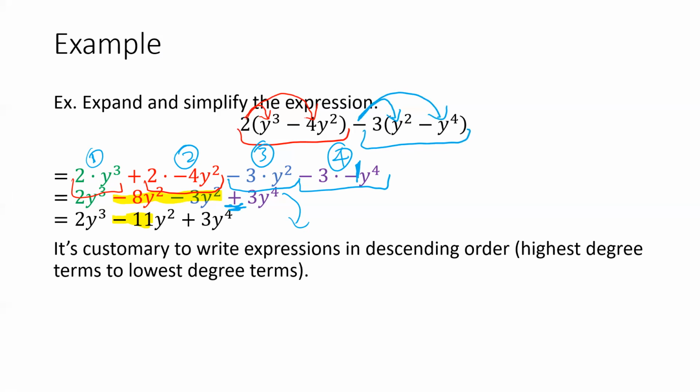We want to write the 3y to the power of 4 first, because that has the highest exponent, or the highest degree. And then we have 2y to the power of 3. That's going to be next, because that has the second highest degree. And then, of course, we have -11y squared, which has the lowest degree. So we put that at the very end. It's really customary that we start with the highest and then go to the lowest degree term.